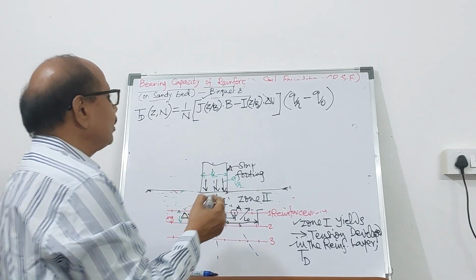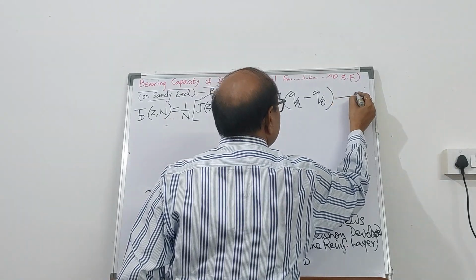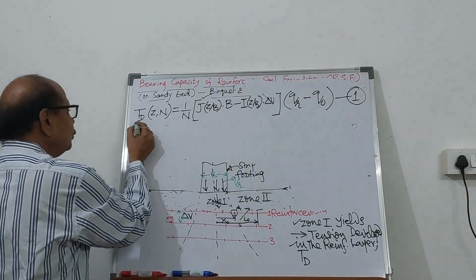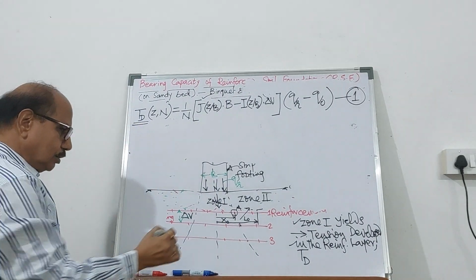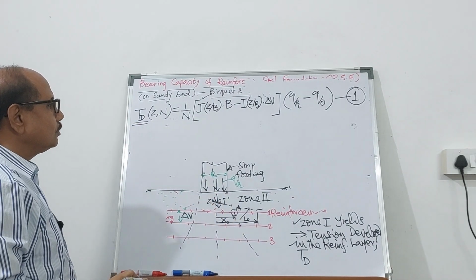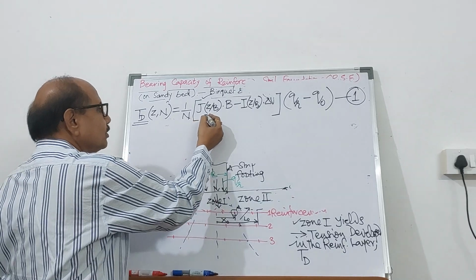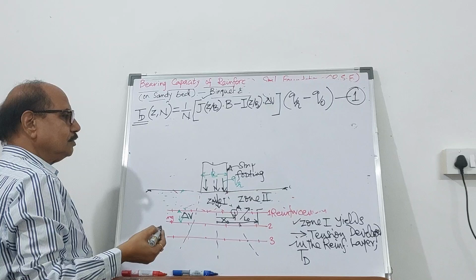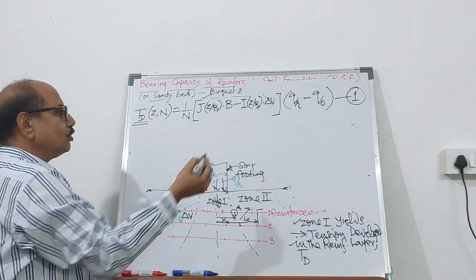There is a famous equation given by Binquet and Lee. So Binquet and Lee give you how to compute the tension developed in terms of non-dimensional forces, J and I. And you can calculate it.